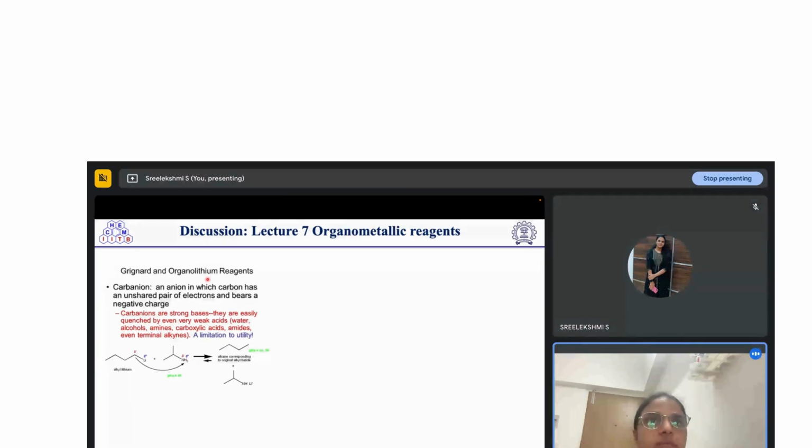These carbanions are extremely strong bases, so they get easily quenched by very weak acids like water, alcohols, amines, carboxylic acids, amides, and even terminal alkynes. We turn this limitation into a utility by reacting carbanions with various electrophiles, and that is why organometallic reagents are very important.